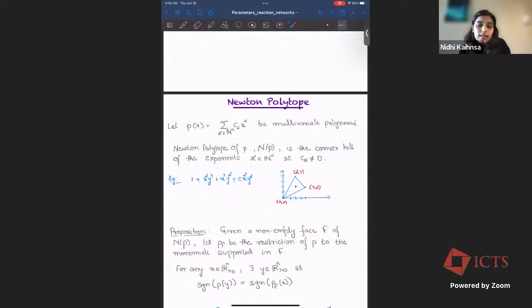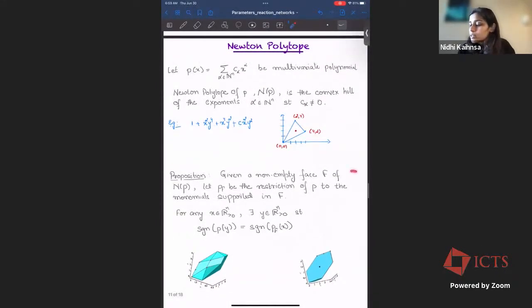Let's say the polynomial restricted to some face of the Newton polytope, that means I'm restricting, let's say I consider just this face, then I'm restricting my polynomial to just these 2 monomials. So I'm only considering the polynomial 1 plus x2, y4. If just this polynomial attains a negative value, then I can always find a point which makes my entire polynomial go negative.